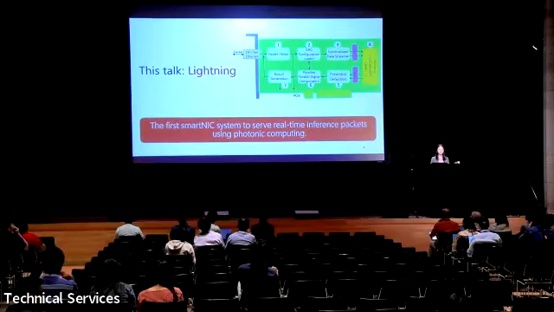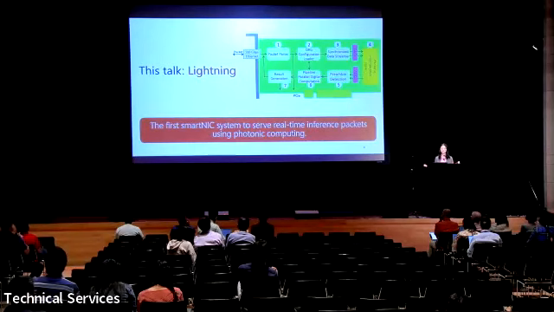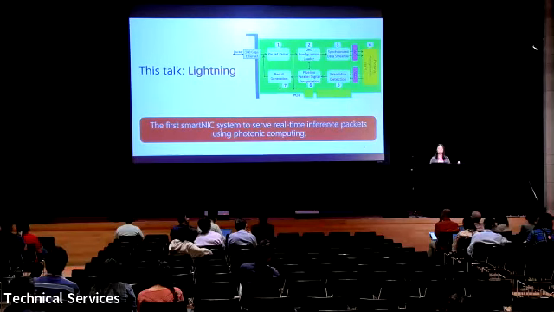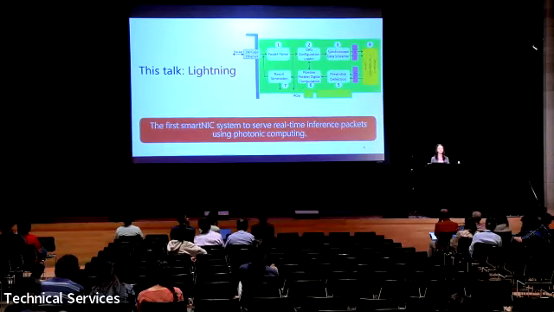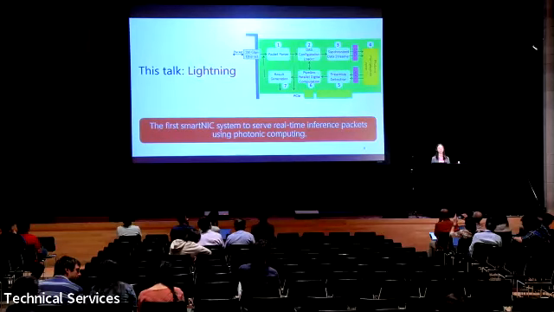There are huge incentives to improve on these two metrics. So in this talk, I will present Lightning, the first SmartNIC system to serve real-time inference packets using photonic computing to achieve both low latency and energy efficiency.